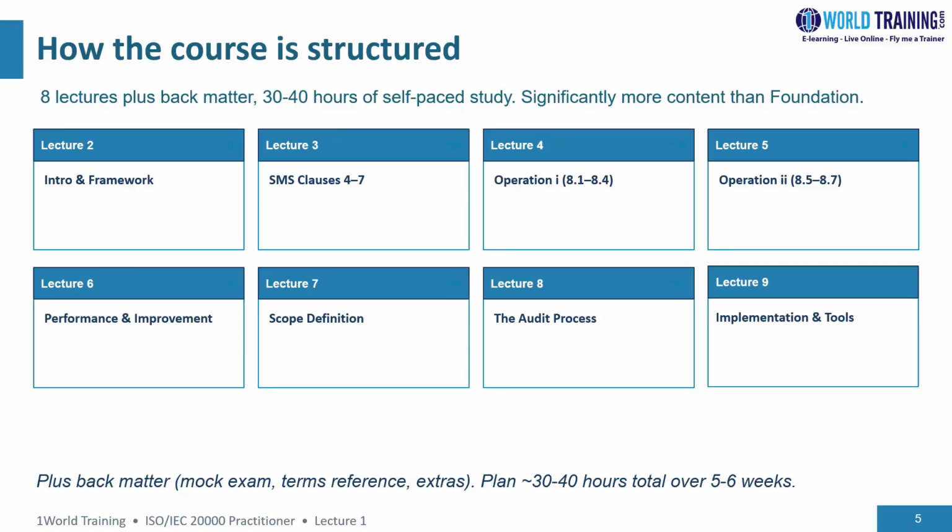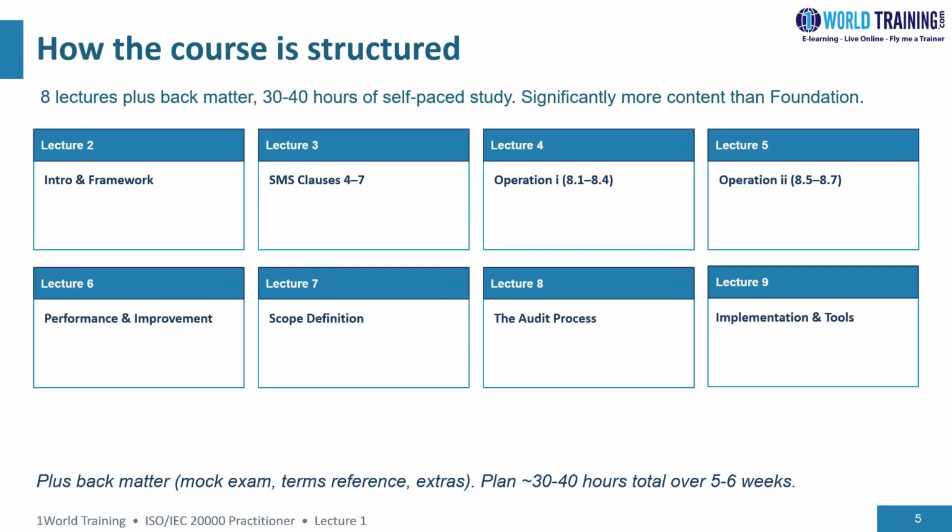Lecture number 3 is SMS clauses 4 to 7, the practitioner management system layer at practitioner depth: context, leadership, planning, support, covered in the foundation, but here we focus on practitioner.